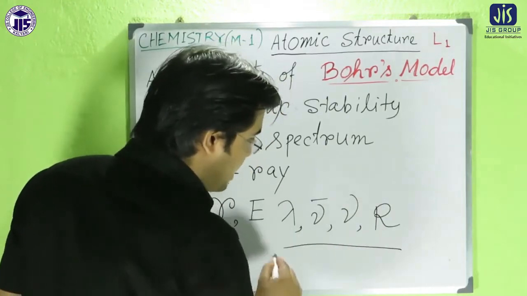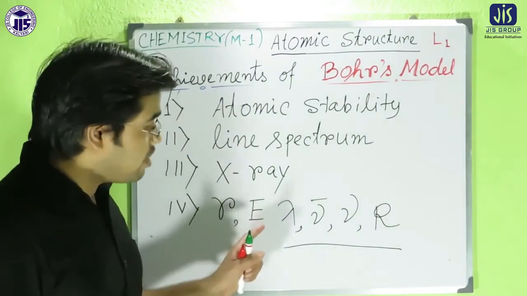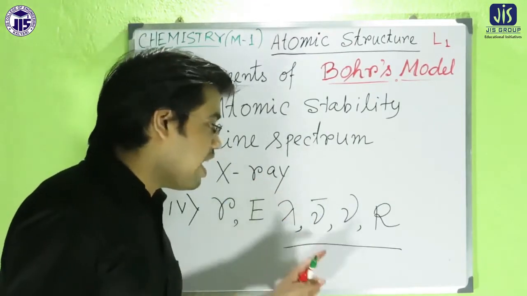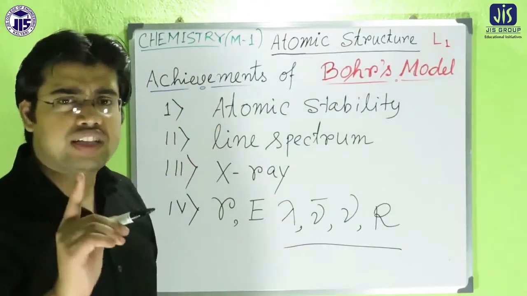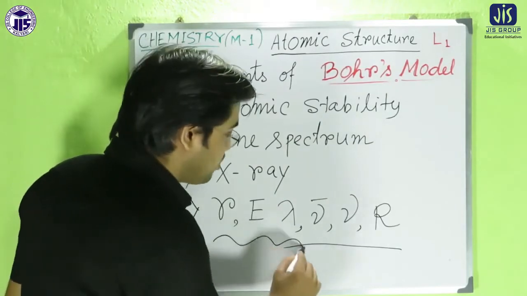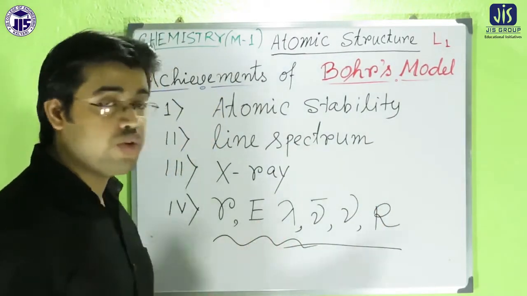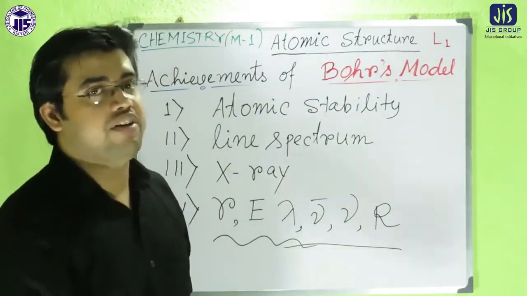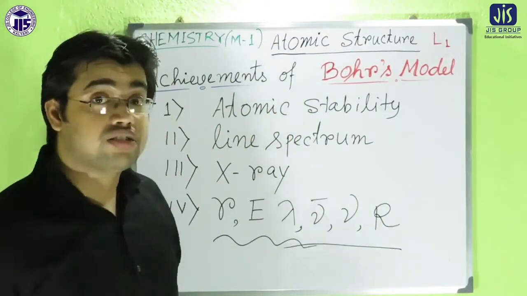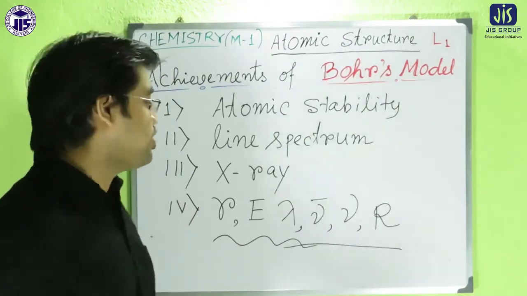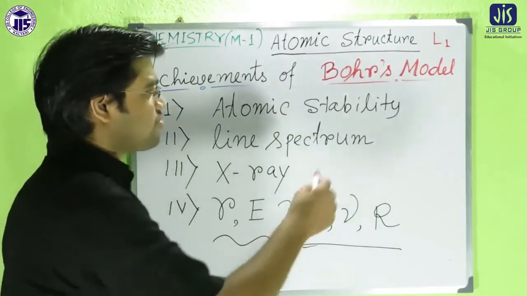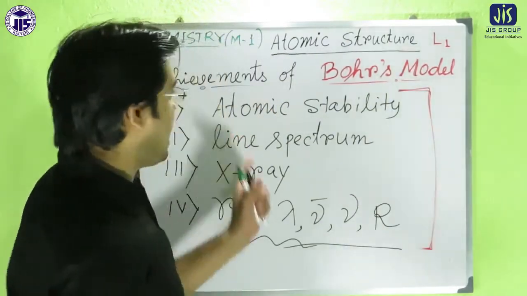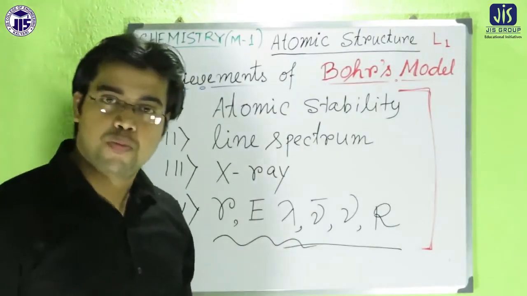Those are all spectral parameters that we can determine from the Bohr model. And not only that, the values we can determine from the Bohr theory are in good agreement with the experimental result. So that is another positive side of the Bohr model. Those are all the achievements of the Bohr model.